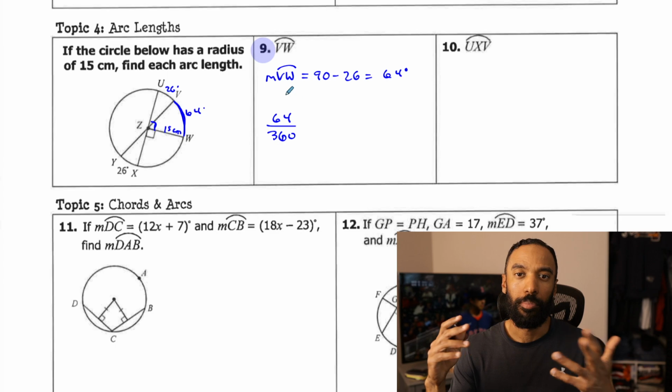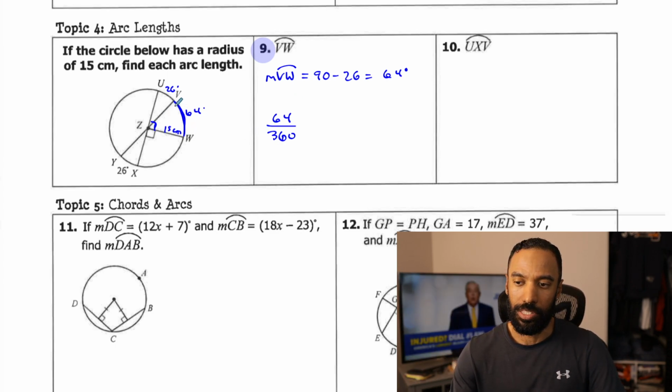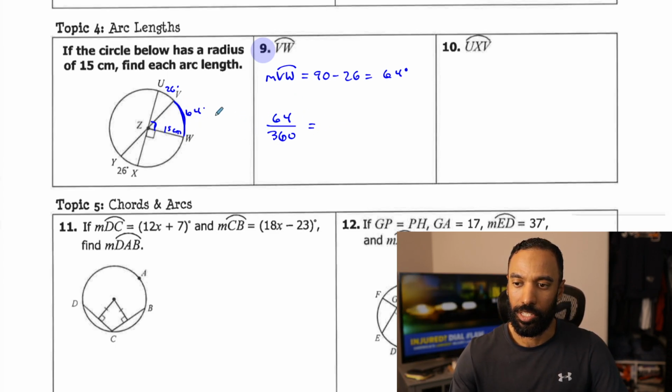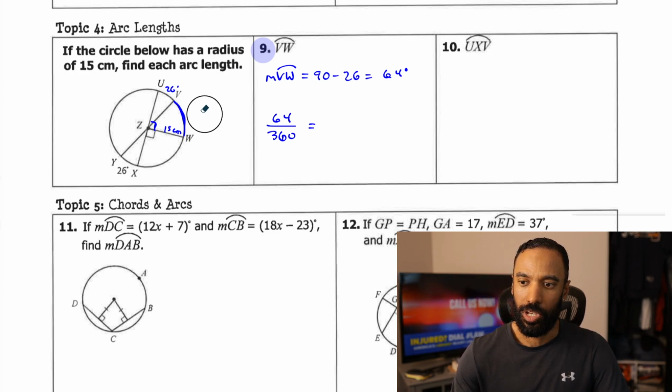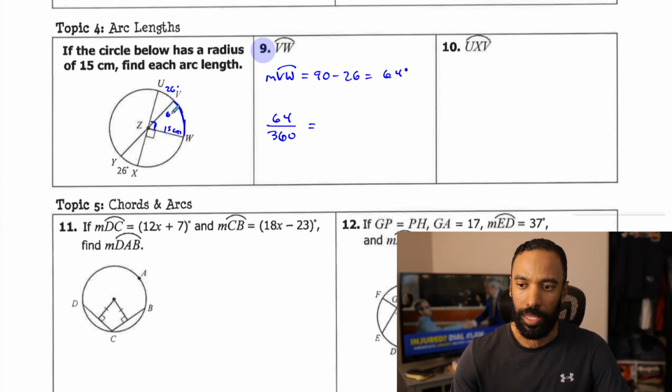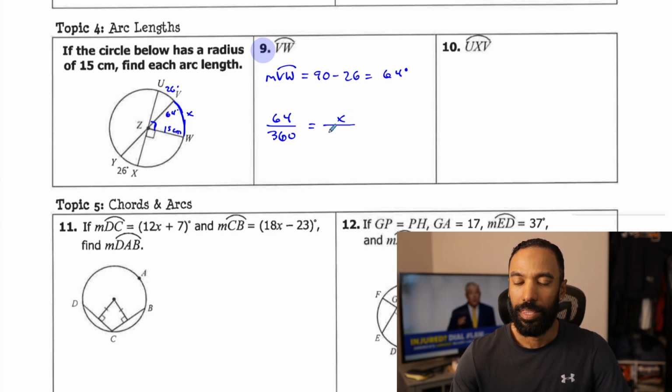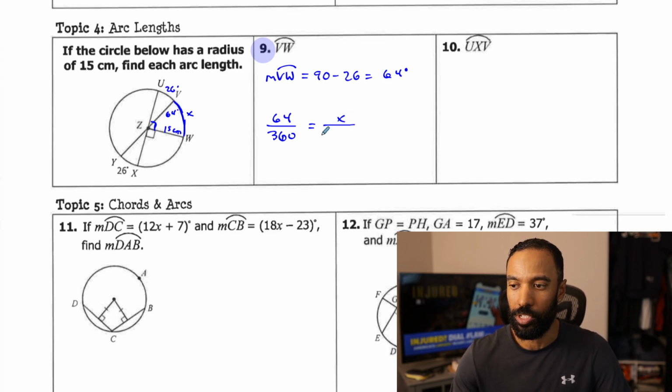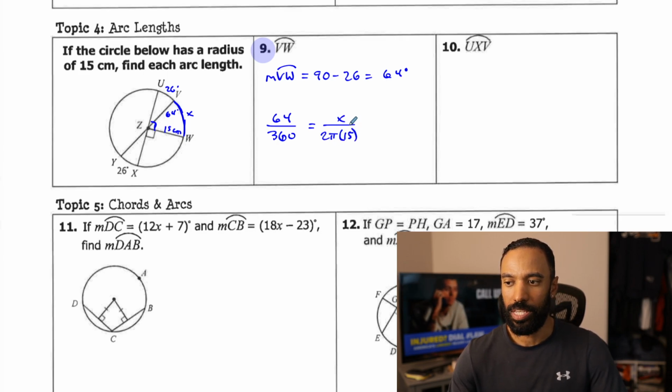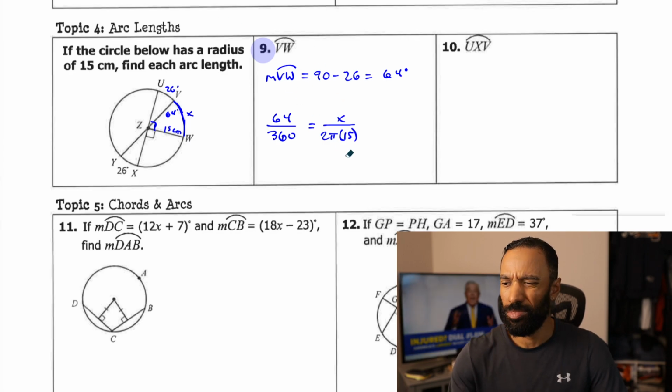It's the proportion that we set equal to the arc length, let's call it x, out of the entire circumference of your circle, which is 2 pi r. 2 pi times 15 is 30 pi. Let's put that.